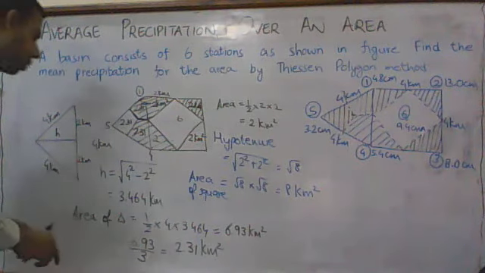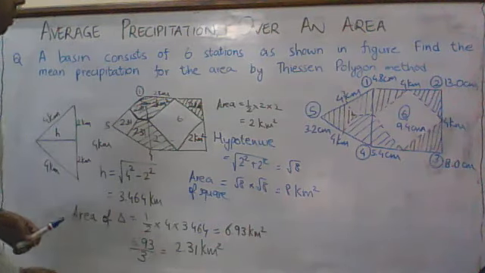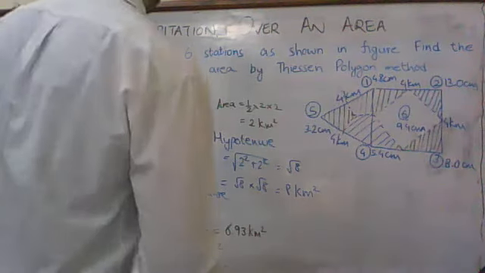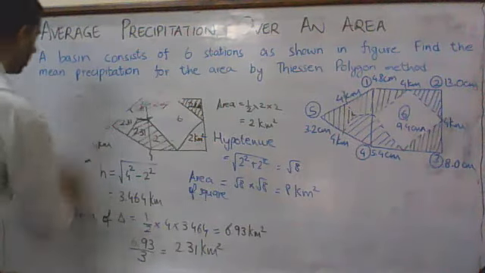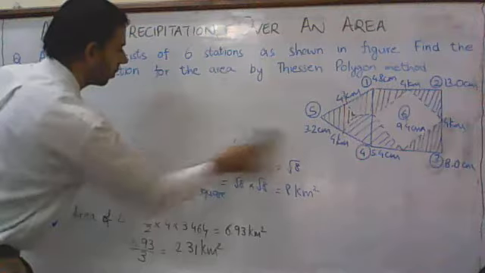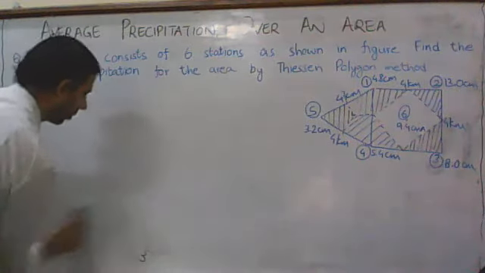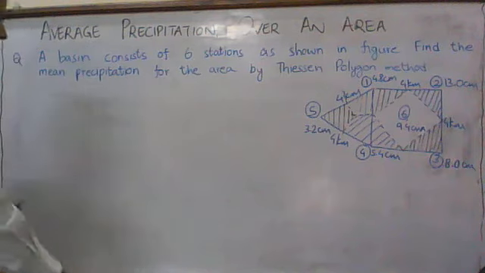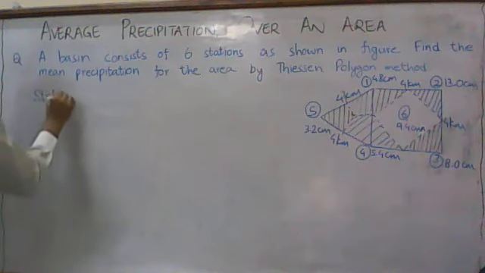Okay, so we can plot it in a table. The first column will be the station.